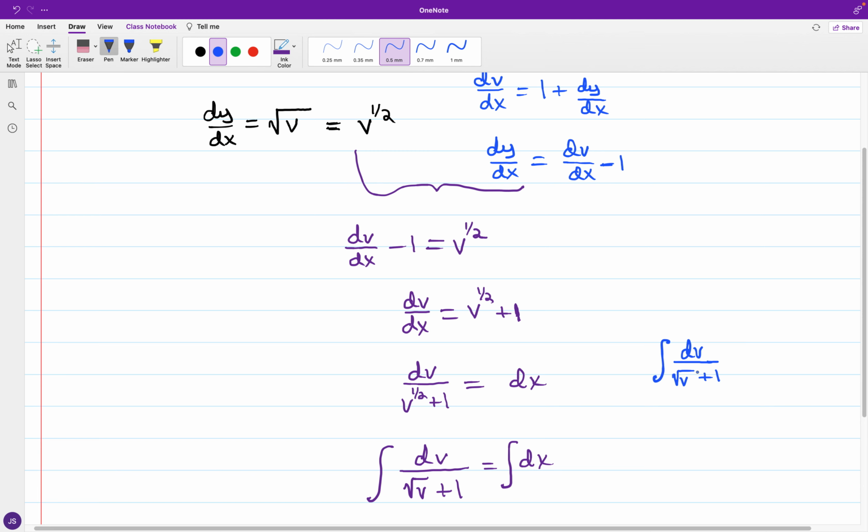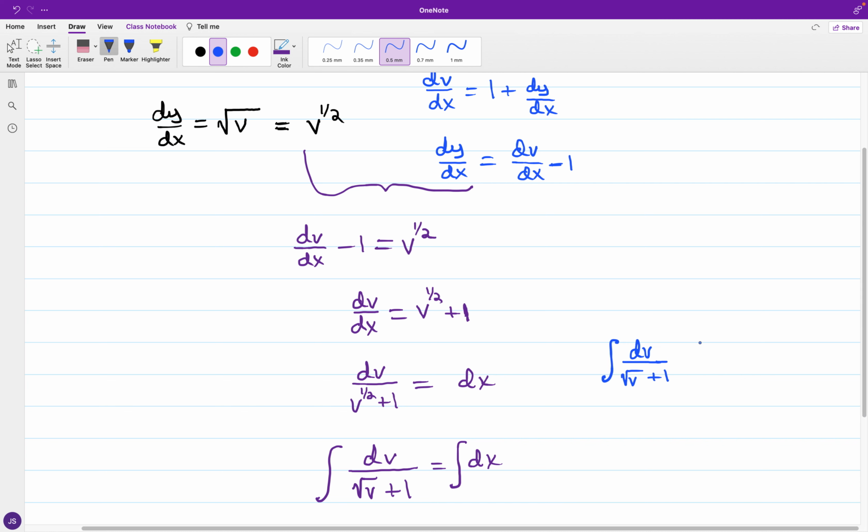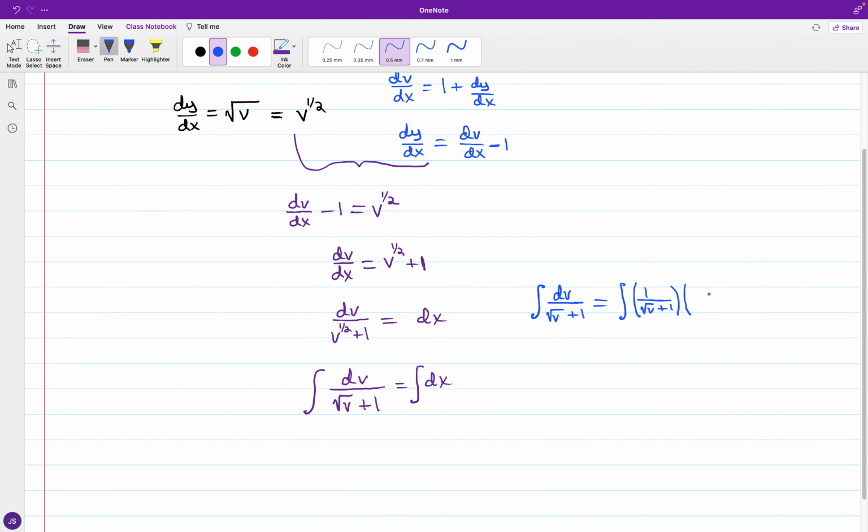We had the square root of v separated from 1, and what I can do is rewrite this ratio so I can just say that I have 1 over the square root of v plus 1 and do something akin to taking conjugates, or something that has a feel of a difference of squares, like a plus b, a minus b.